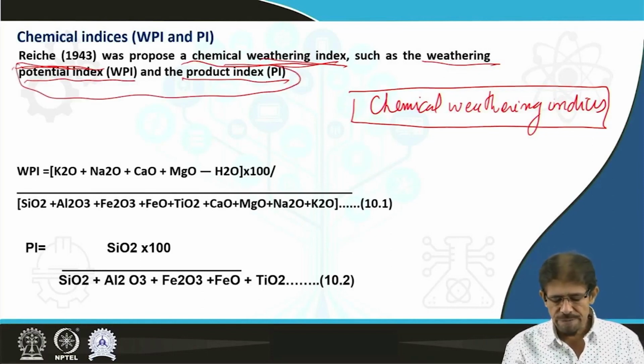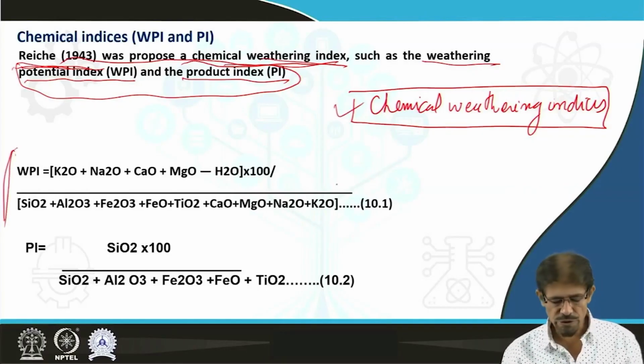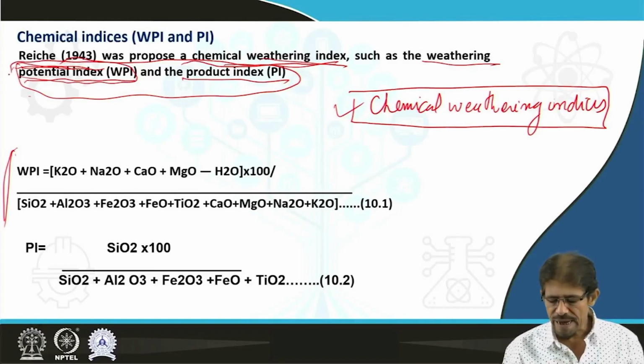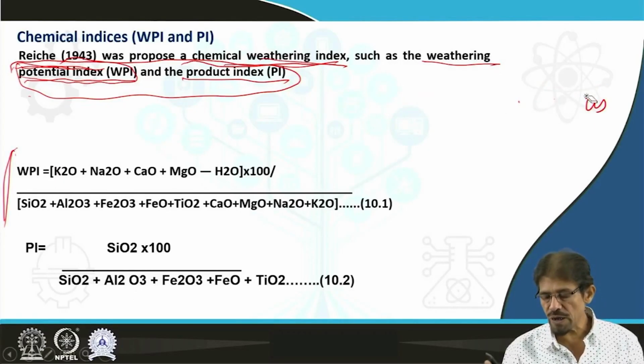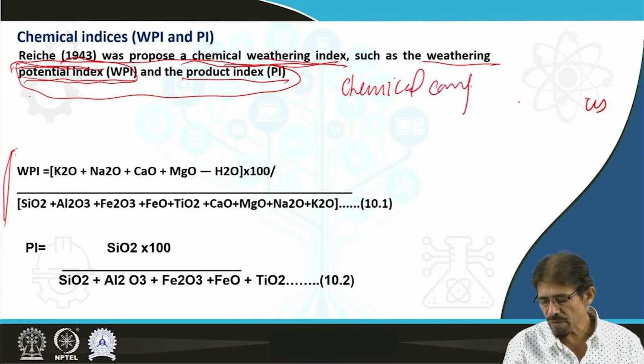The approach to determine the weathering potential index is based on the chemical composition of rocks or rock strata.